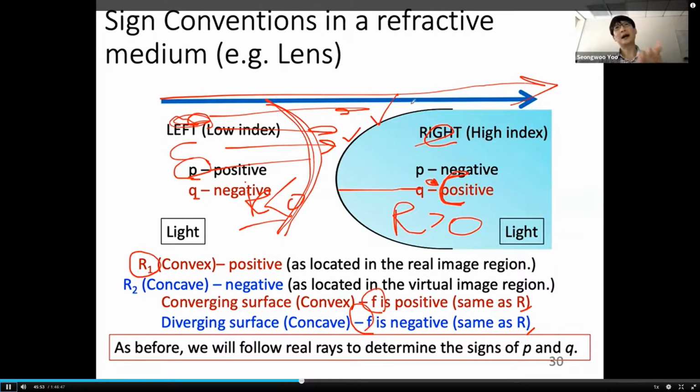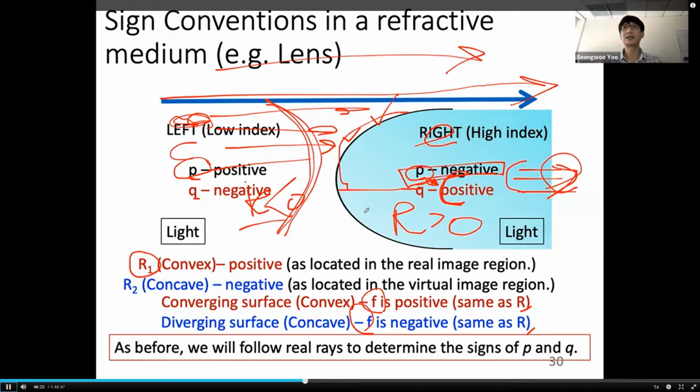Now, behind this surface inside the water tank, we can still define this object, but this object is going to be negative because the light travels in this direction. Therefore, this P must be negative, because if we have the torch again, then this torch must shine light in this direction. Therefore, there is no interaction between the real ray and the surface.